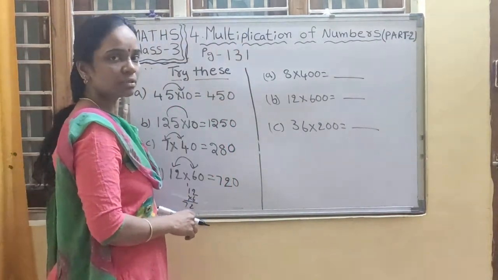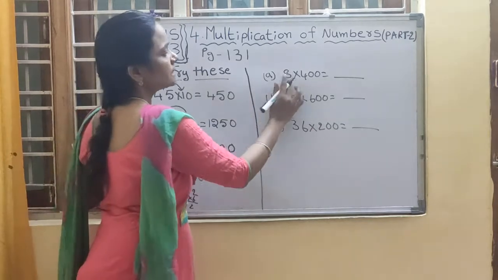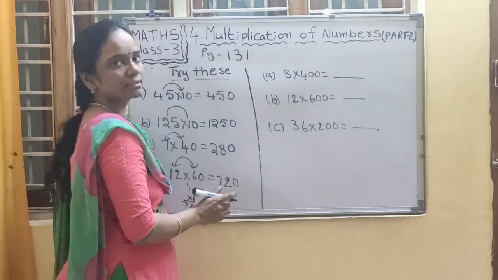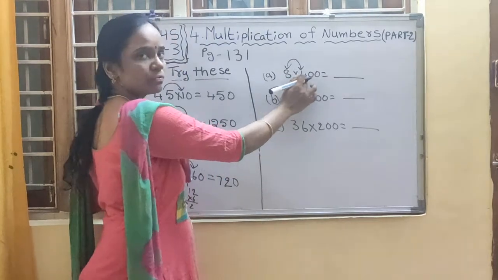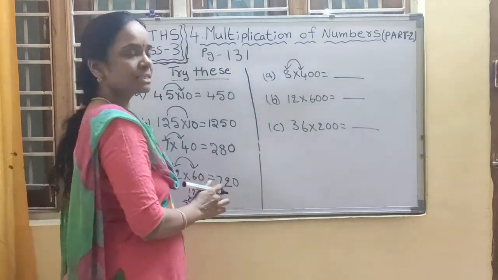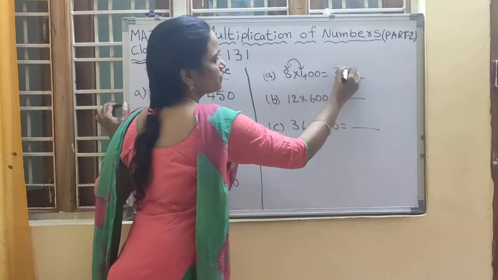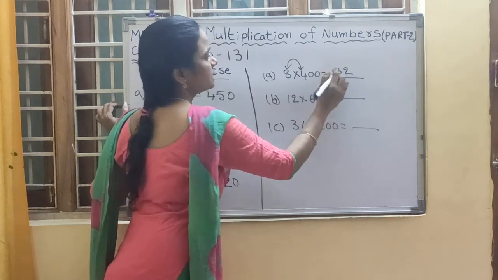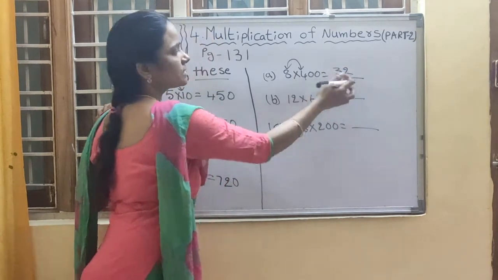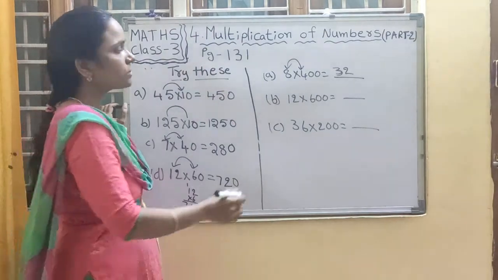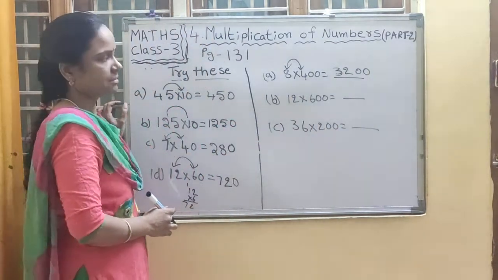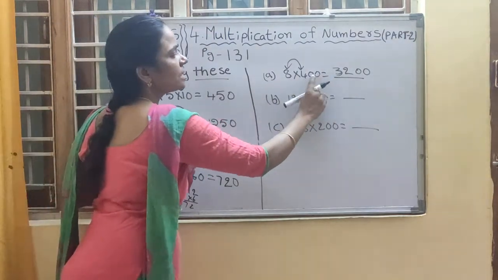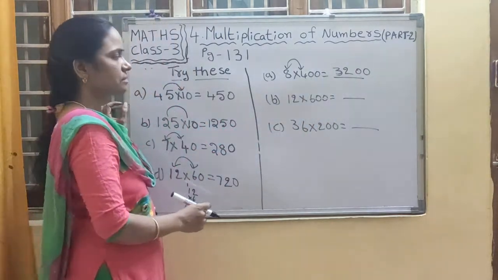Yes, look at the board, children. 8 into 400. So first, what do I have to do? 8 into 4. 8 should be multiplied by 4. 8 4s are how much? Yes, 32. 8 4s are 32. How many zeros do I have to write? 2 zeros. 3200 is the answer. Understood? 8 4s are 32. Write down the 2 zeros.